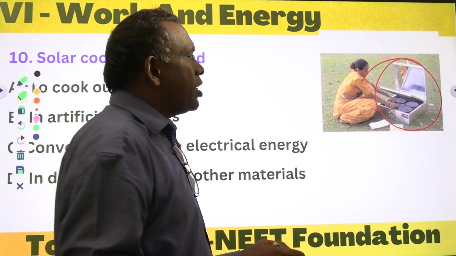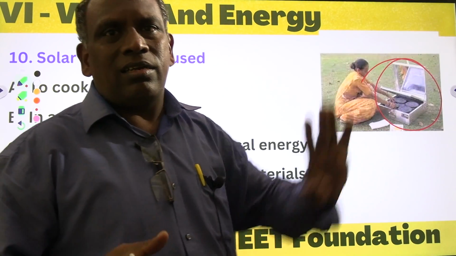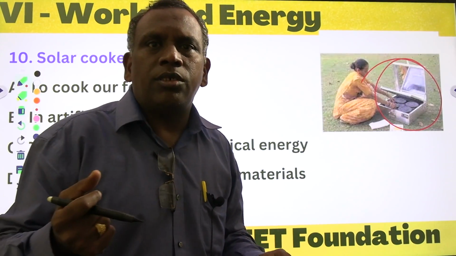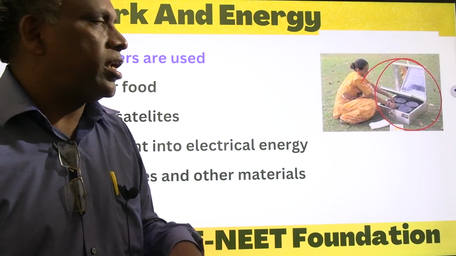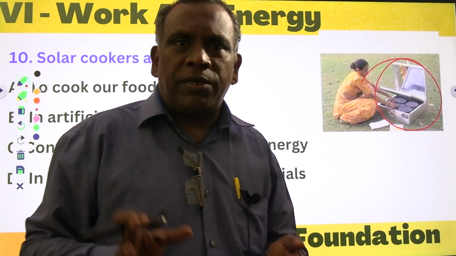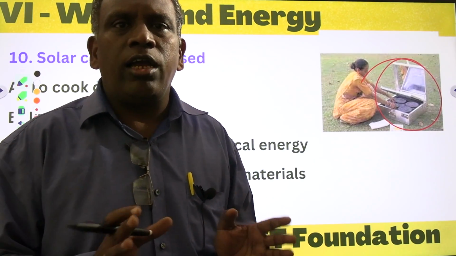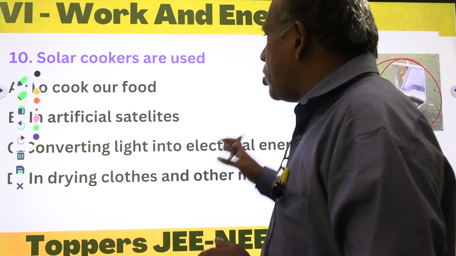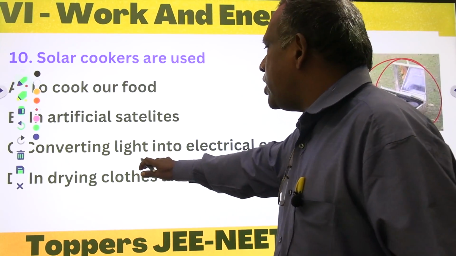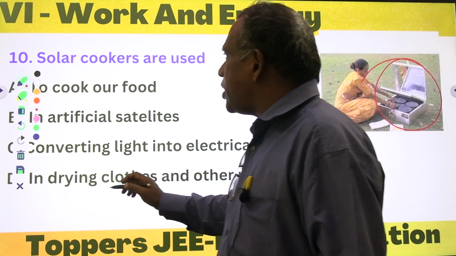A solar cooker consists of a material that absorbs solar energy, which is converted into electrical energy.